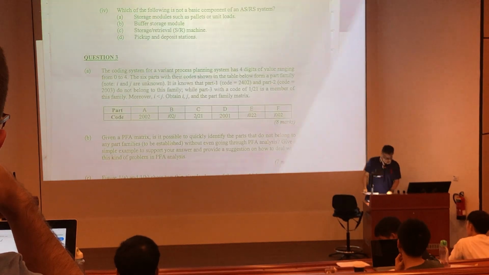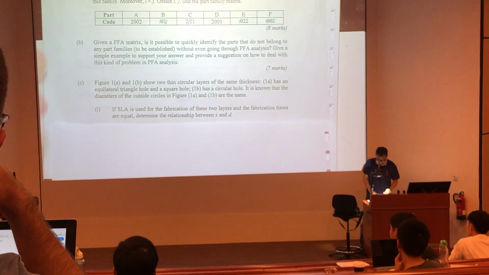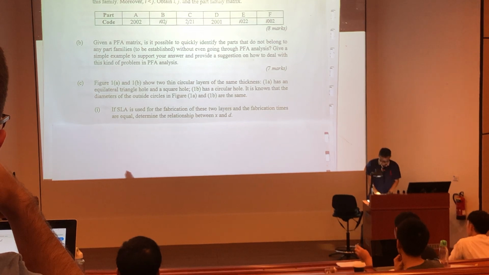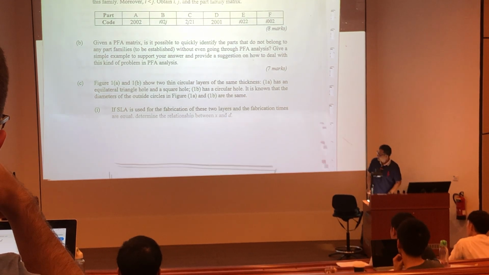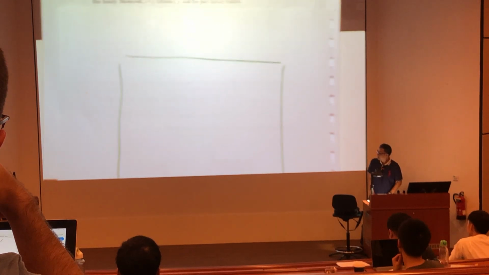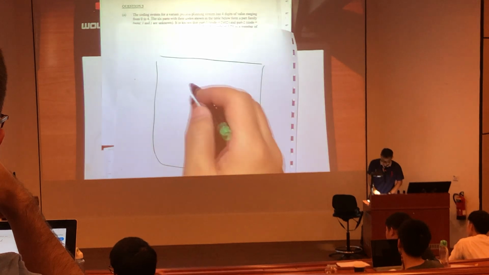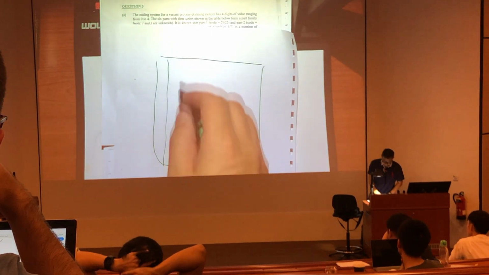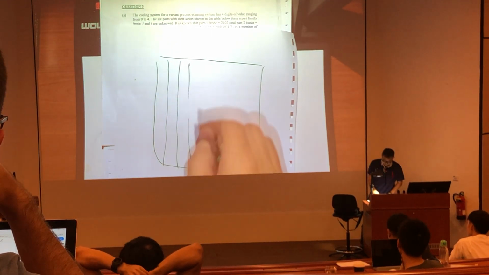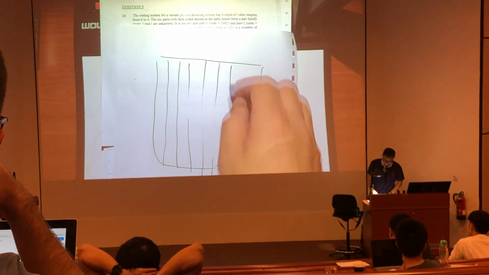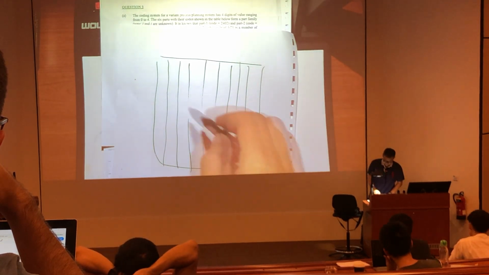Okay? I remember I did mention during lecture, if we have cases like this, right? This is a PFA matrix. All right. And each column represents a part, right? Component.